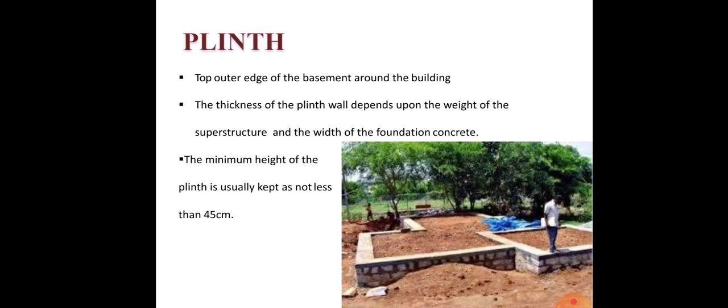It acts as a retaining wall for the filling inside the plinth or the raised floor. It also protects the building from dampness, moisture penetration, etc. And overall it improves the architectural appearance of the building. So these are the functions of the plinth.